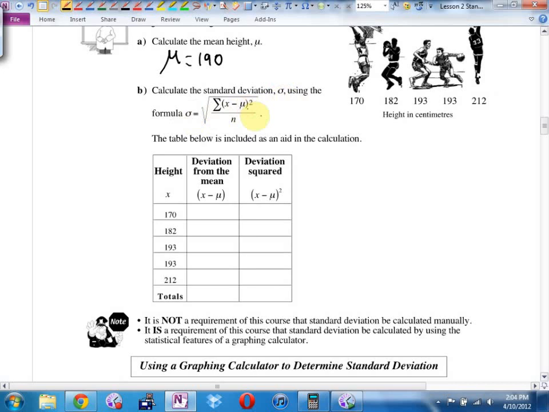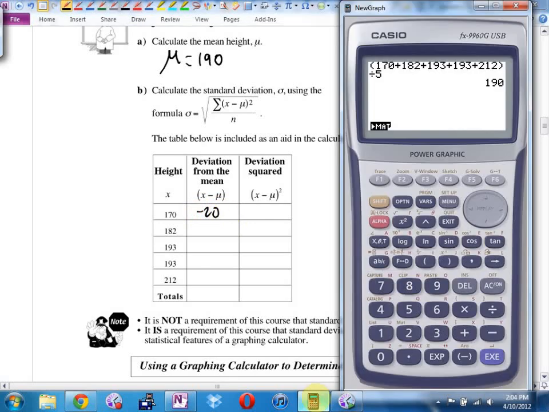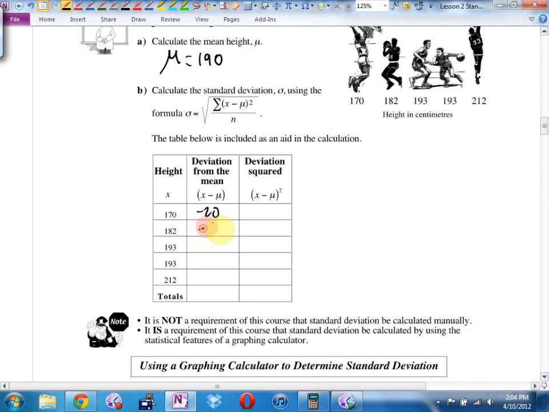So here's the procedure. First, we're going to go 170 minus the mean. What's 170 minus 190? Negative 20. 182 minus 190. Negative 8. 193 minus 190.